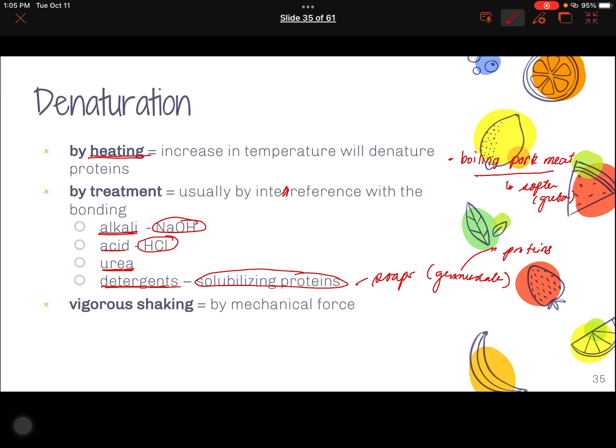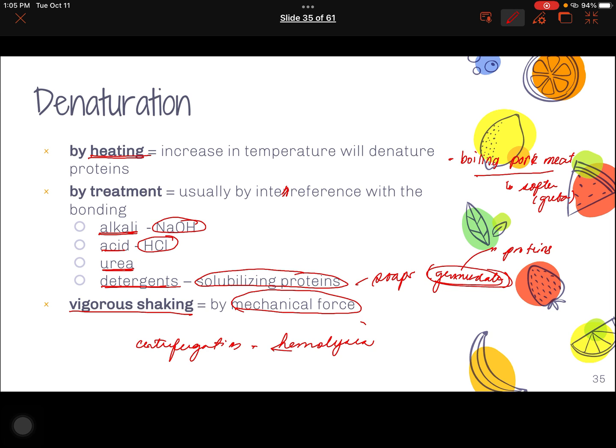So if these ones are denatured by detergents, it renders them ineffective or non-invasive or even non-pathogenic at times. Vigorous shaking or biomechanical force is also one way of destroying proteins. For example, your centrifugation. Too much centrifugation would lead to hemolysis.